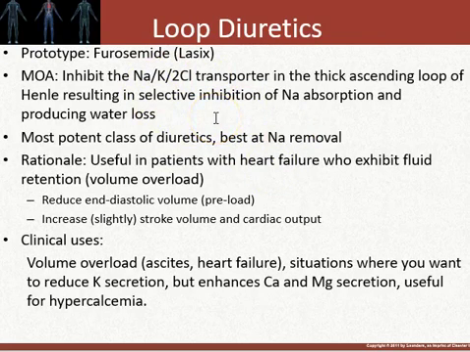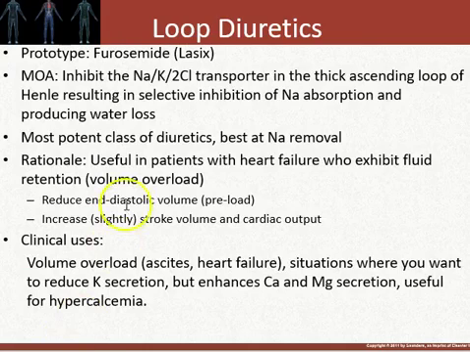Here's the background for the mechanism of how loop diuretics work. Don't get hung up too much on the mechanism because we haven't done renal physiology yet, but understand that what we're going to do is remove water from the system. We're going to force diuresis, so the patient's going to urinate more frequently. And remember that anytime water leaves, sodium is going to leave with it.